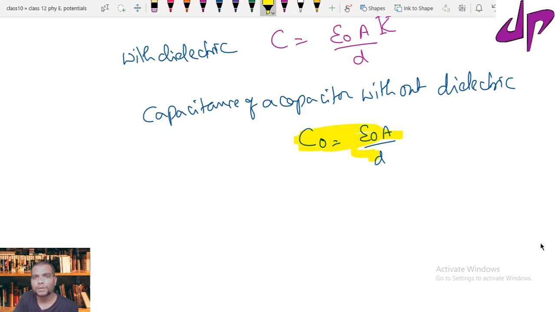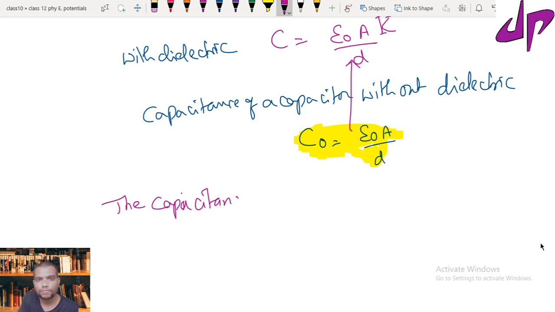In the place of epsilon naught A, if you replace that term in the above expression, the capacitance with the dielectric, C, equals C naught times kappa.